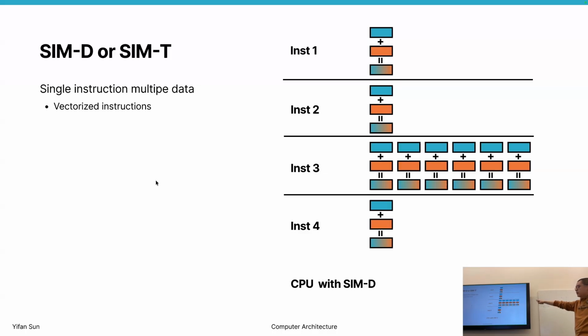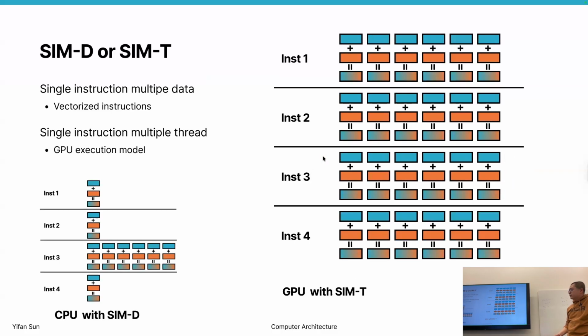A CPU also has vectorized instructions, right? But the CPU works more in this way: most instructions are not vectorized, and only some specific calculations are vectorized. So vectorization happens sparsely. In this case, we call this instruction a SIMD instruction.